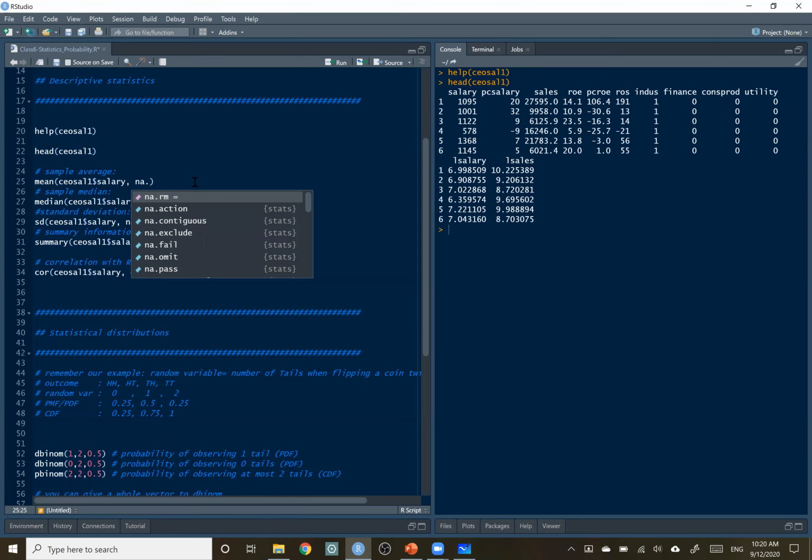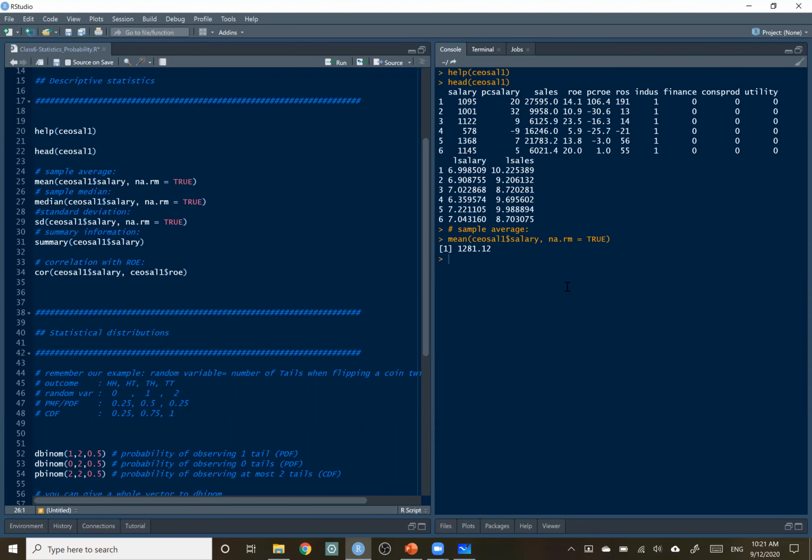When I do na., it suggests, are you looking for na.rm? I say okay, and I do TRUE. When you write TRUE, it suggests it should be all capital letters. So when I do that, automatically behind the scenes, it's going to get rid of the NA values and then calculate the average for me. Because remember, if you include the NAs, it's going to make your average or median or whatever biased. So we don't want to work with biased numbers.